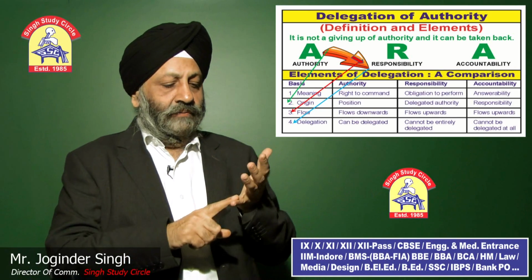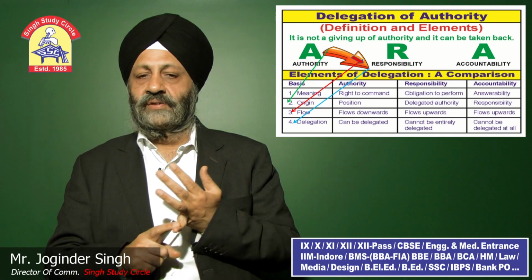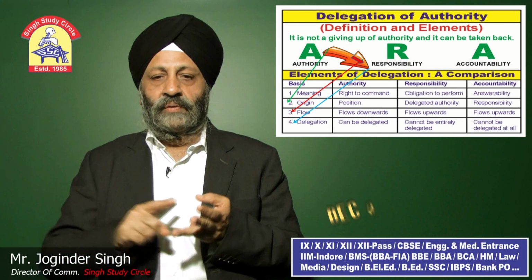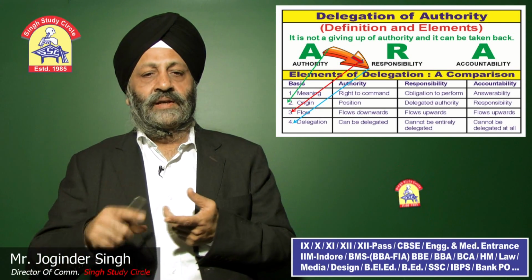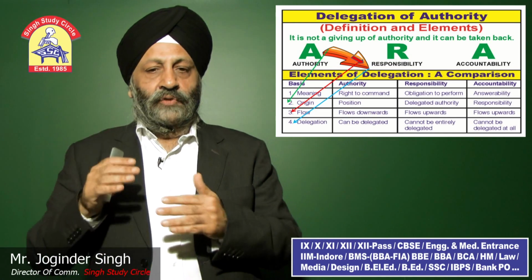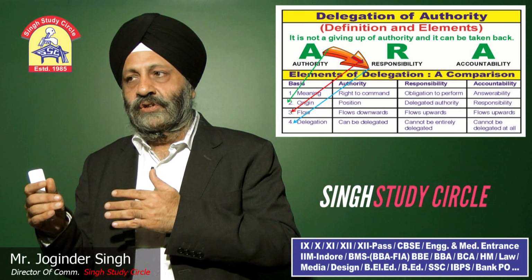Meaning: authority means the right to command. If I give authority to a person, it means the right to command is there. And responsibility means that with authority we give responsibility, the obligation to perform. Accountability means answerability.